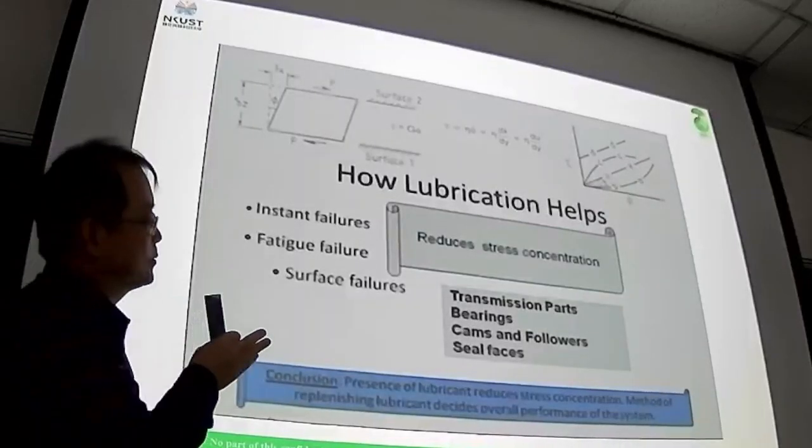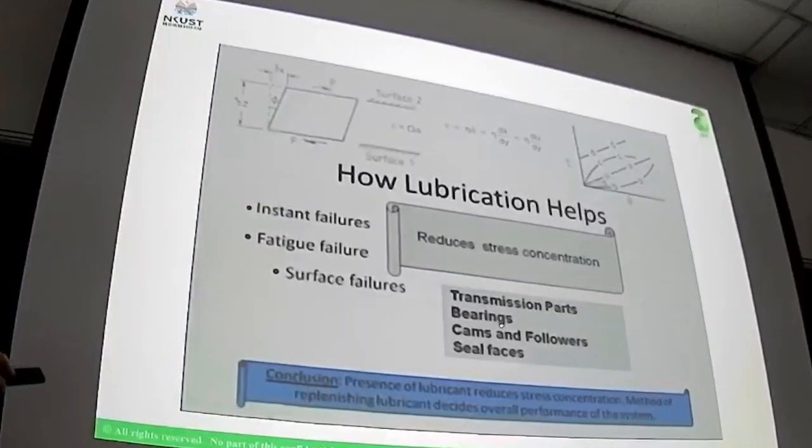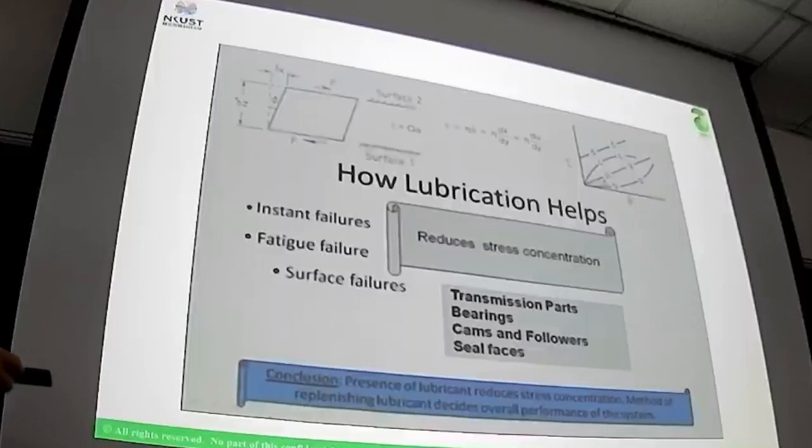So this is a transmission path, which means automobile transmission. Especially for these four items, or some bearings, or even some seal faces.